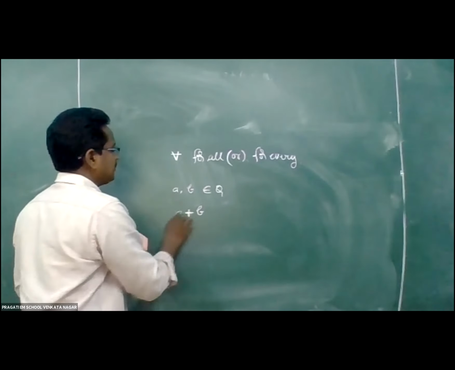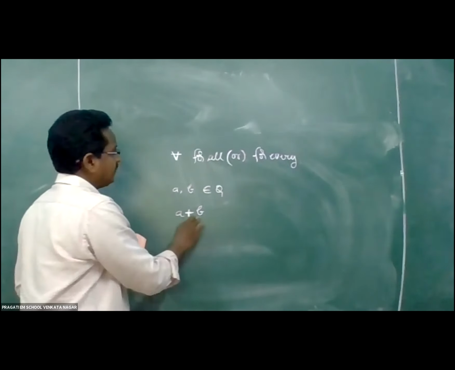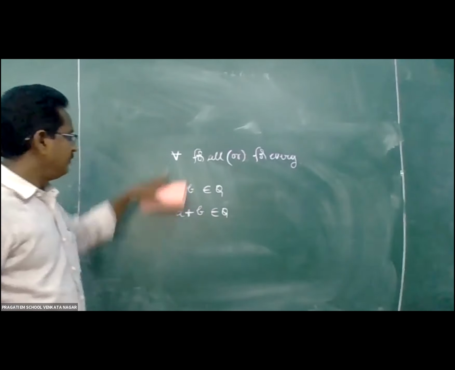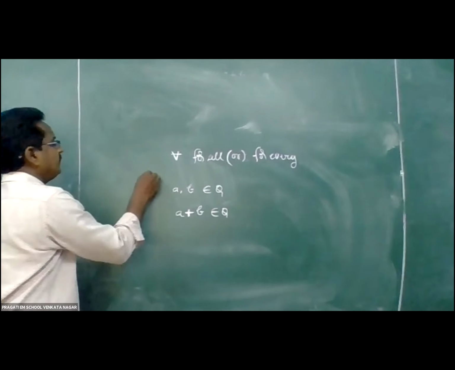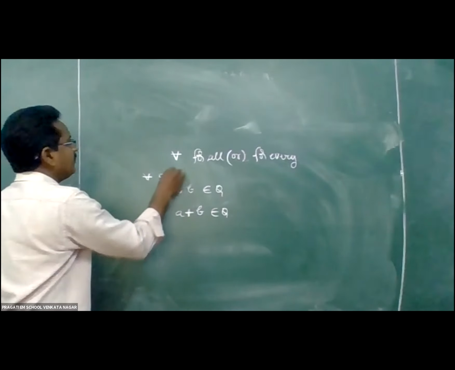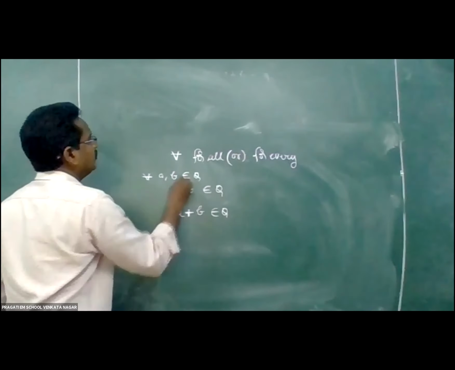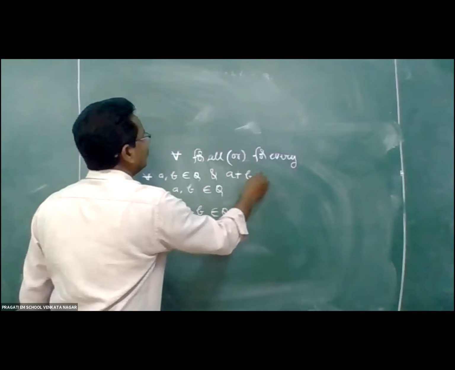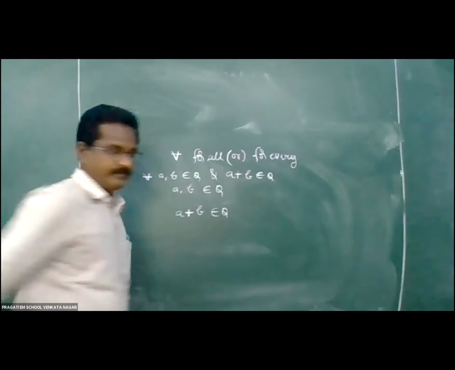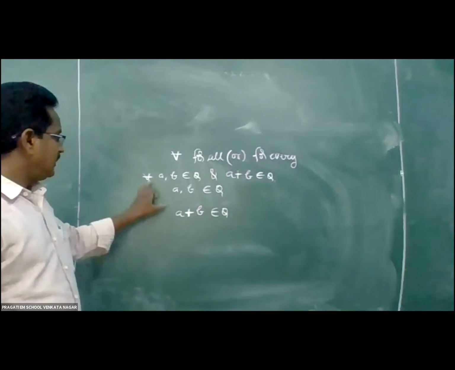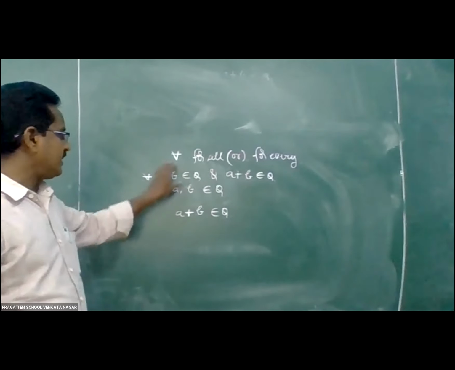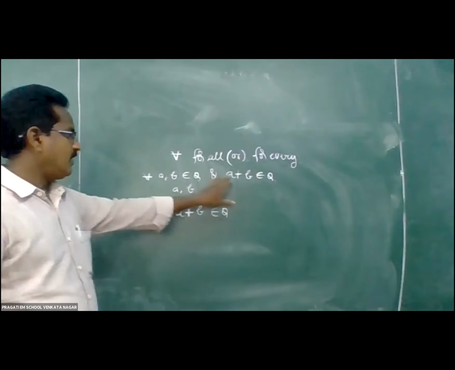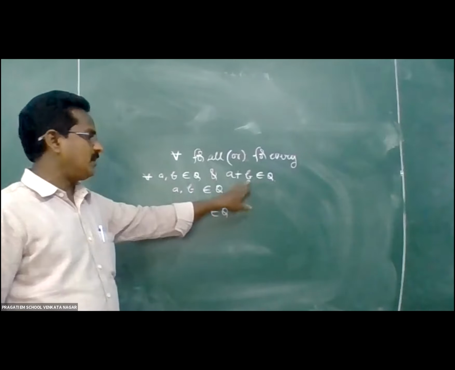After adding these two, the first operation A plus B, the result is also in Q. So it is written as for all A comma B belongs to Q and A plus B belongs to Q. A comma B are taken from the set Q, and after adding, the result also belongs to that set.